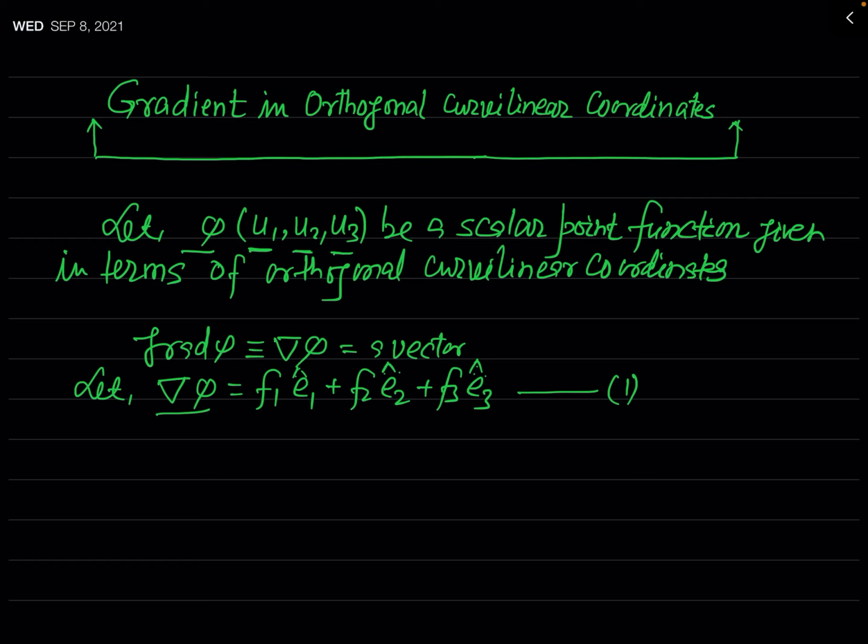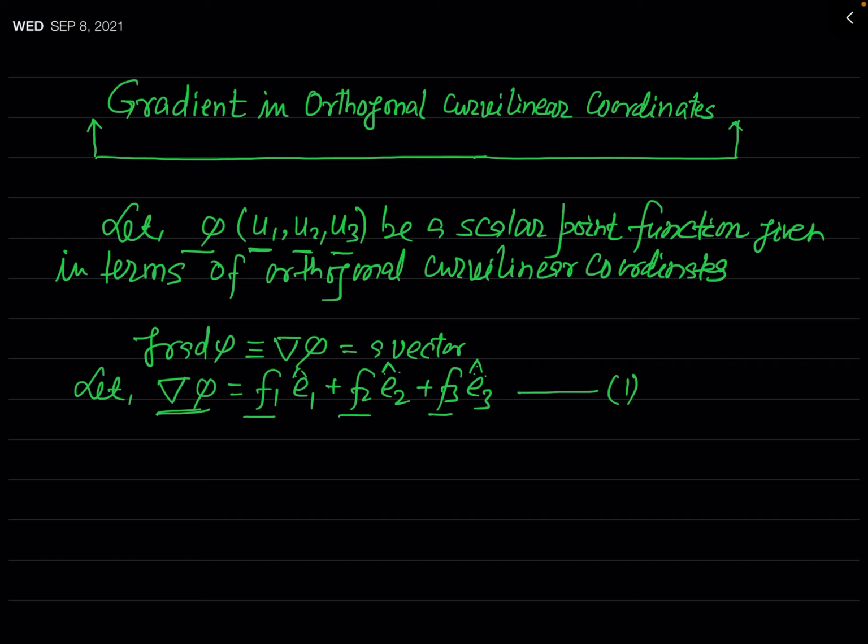So if we want to know the value of this del phi in the orthogonal curvilinear coordinate system, then we have to evaluate these components f1, f2 and f3. How we will determine f1, f2 and f3, we have to see.